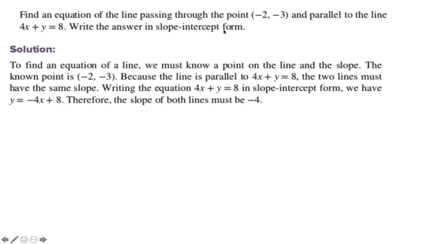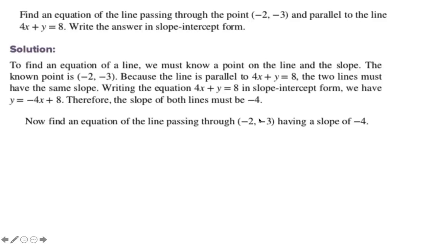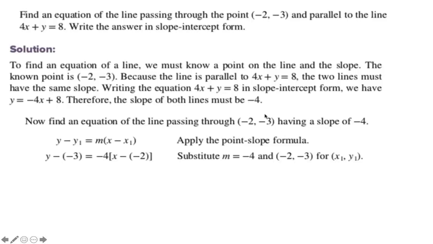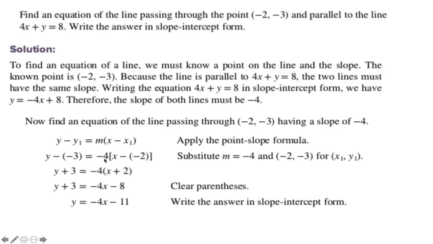So the slope of the line we're looking for is also -4, and it has to go through this point. Again, we can plug into the point-slope formula: -3 for y1, -2 for x1, and m is -4. Again, I can clear the parentheses if I want, multiply it in, and then bring the 3 over, and I get this equation in slope-intercept form.